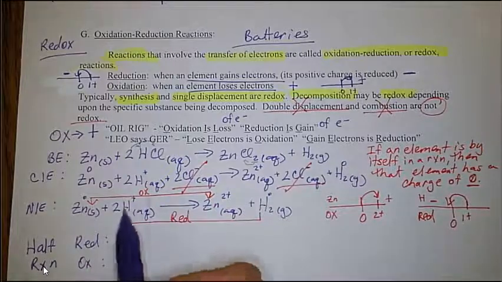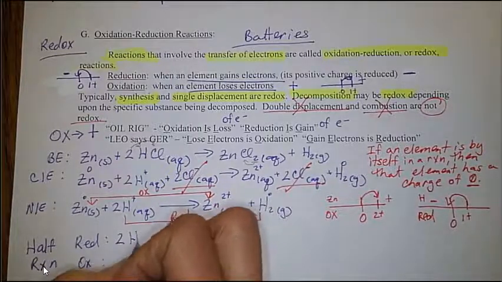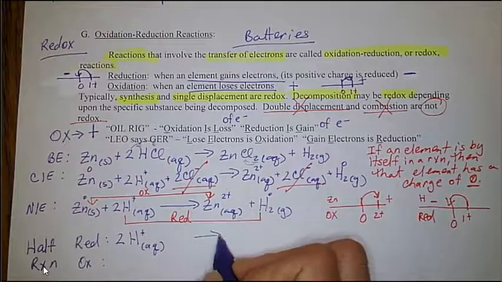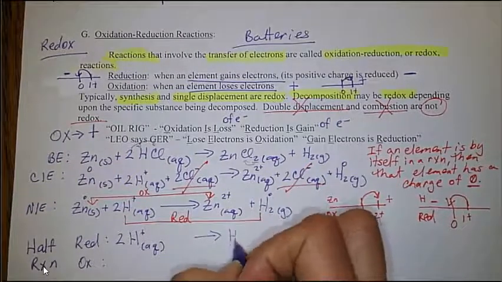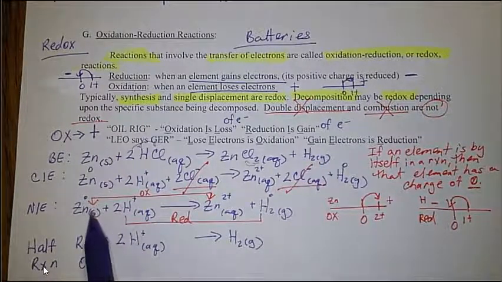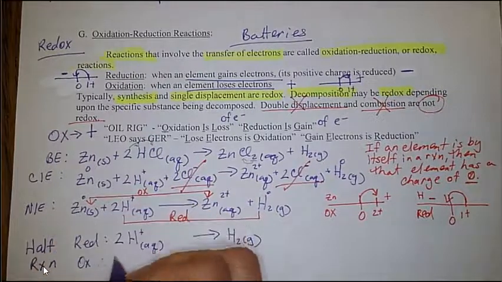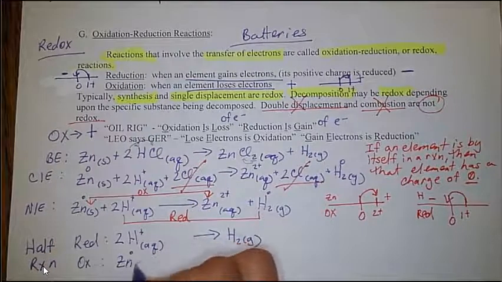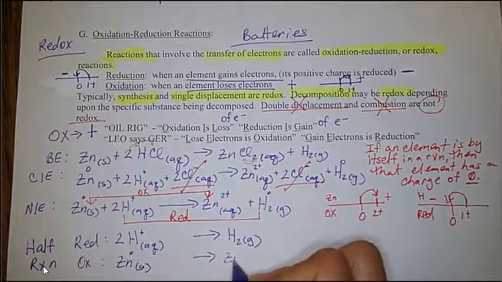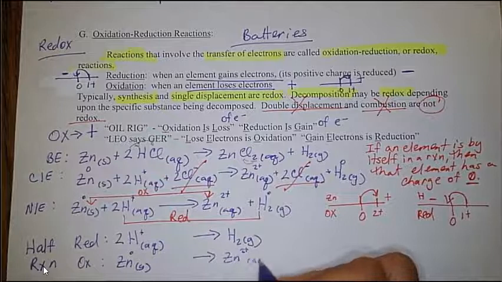I'm going to write down 2 H plus, that is aqueous, and I'm going to leave some space, draw my arrow, and then write H2, which is a gas. Now we are trying to find out where these electrons are moving. Oxidation, I'm going to do the same thing. I'm going to write down zinc with a 0 charge, that's a solid. Leave some space there, and then write zinc 2 plus, that is aqueous.